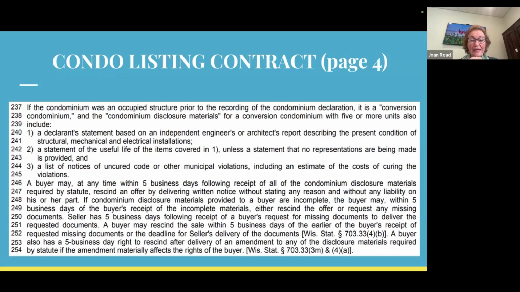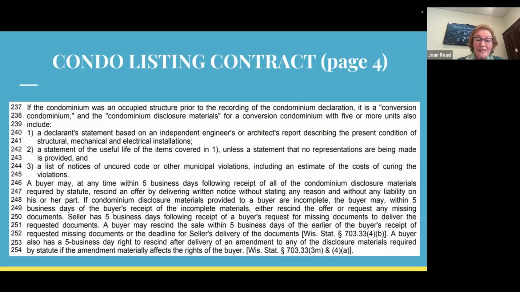A buyer may at any time within 5 business days following receipt of all of the condominium disclosure materials required by statute rescind the offer by delivering a written notice without stating any reason or any liability on his or her part. If condominium disclosure materials provided to the buyer are incomplete, the buyer may within 5 business days of the receipt of the incomplete materials, either rescind the offer or request any missing documents.